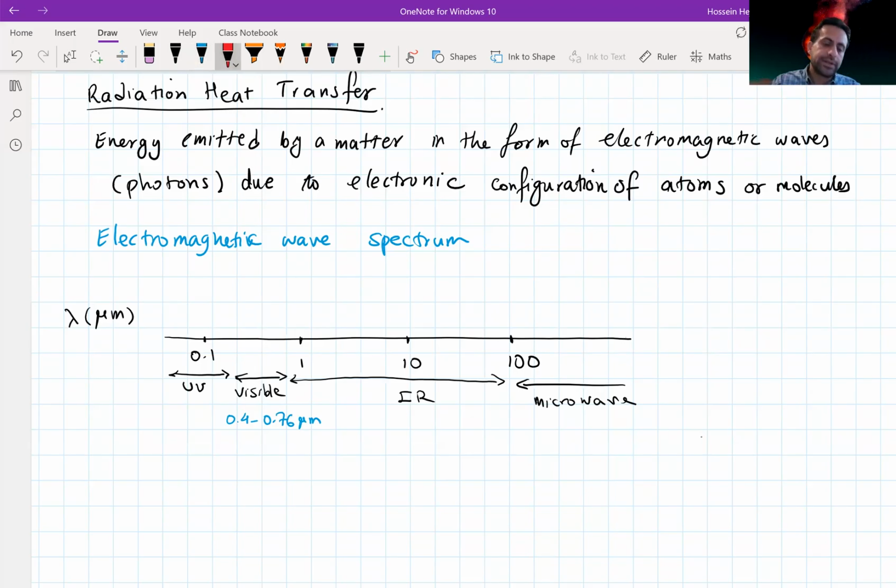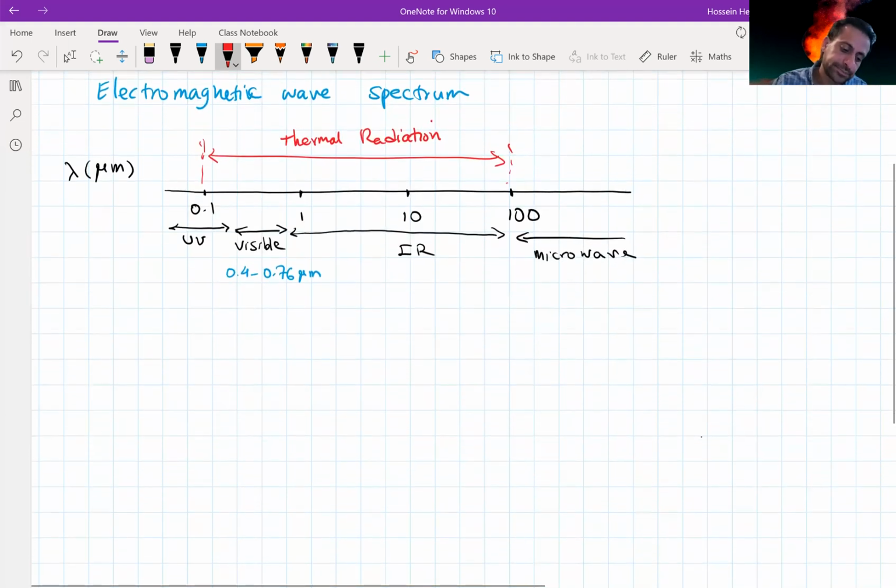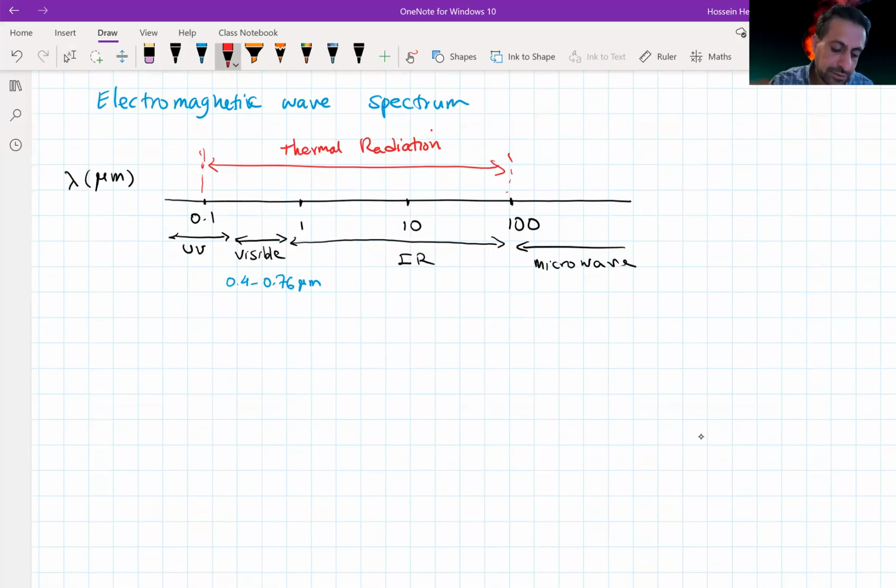The thermal energy radiations or thermal radiations generally happens between, this is thermal radiation, and that covers a bit of UV, visible and infrared type of a spectrum.